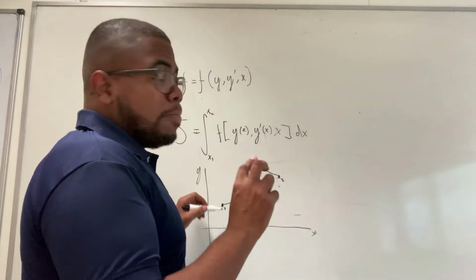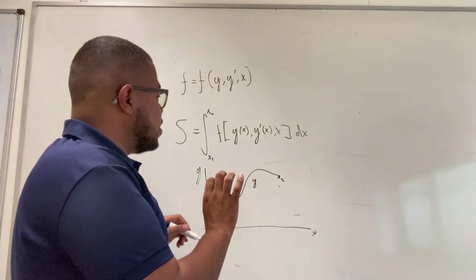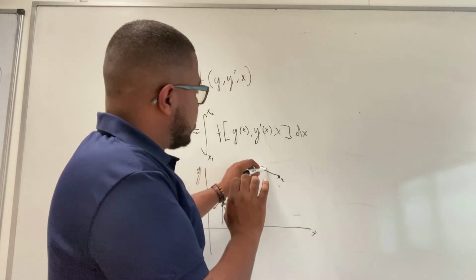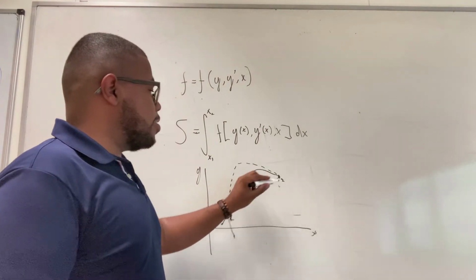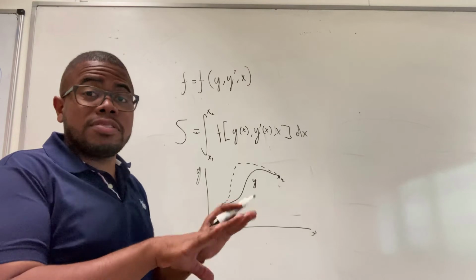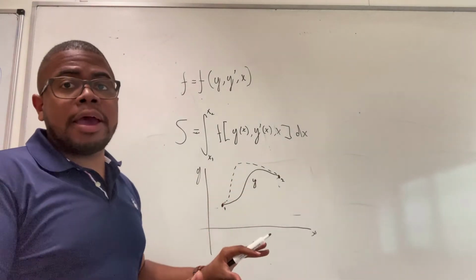You can have a path which is slightly different from this one right here. So let's say we have this right here. So we have a curve right here which I've drawn with a thick line, and that is something which we will call in this specific example the right path, the correct path, and any other path which we have will be the wrong path to take.